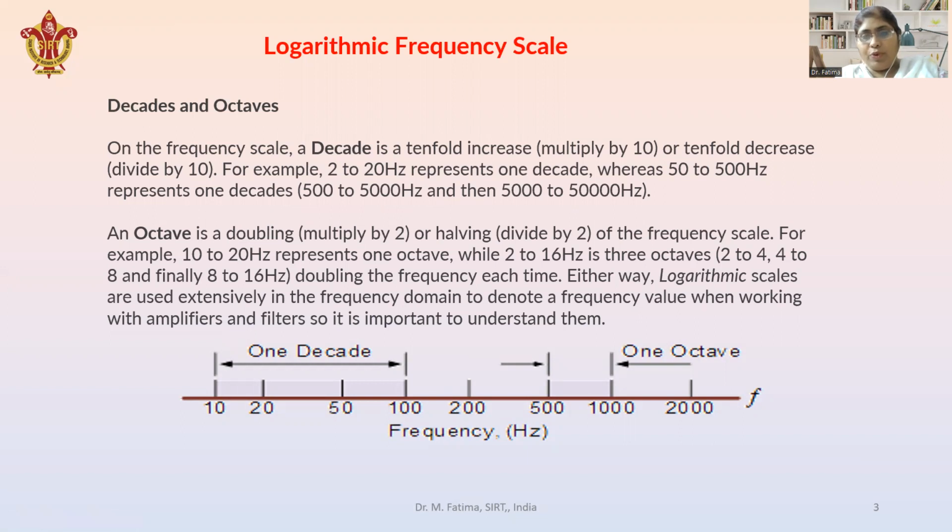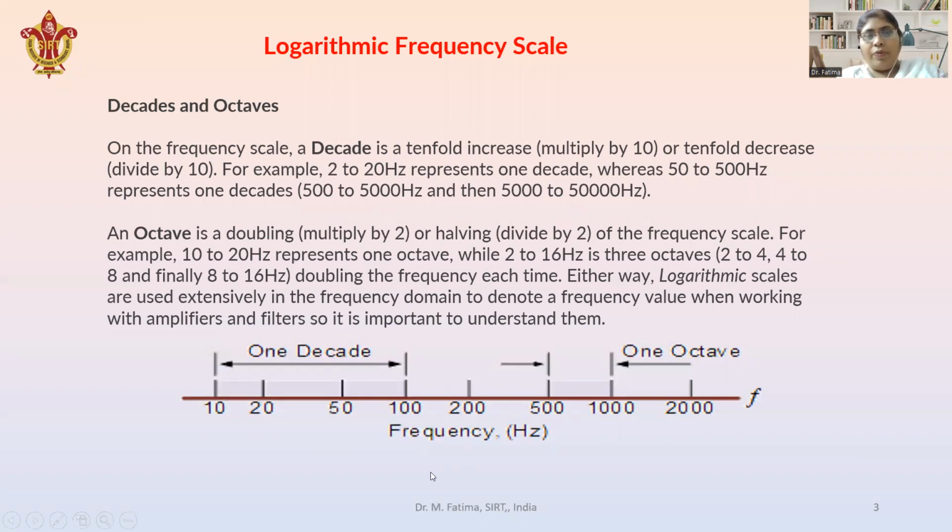The value will be 200, then 300, 400, 500 till 1000. The next value after 1000 will be 2000 and not 1100. The value will be 2000, 3000, 4000 till 10,000. After 10,000, the value will be 1 lakh and so on. So this is the log scale.